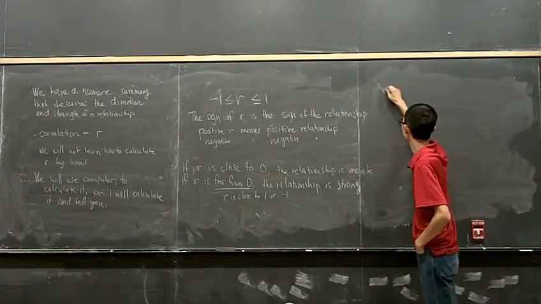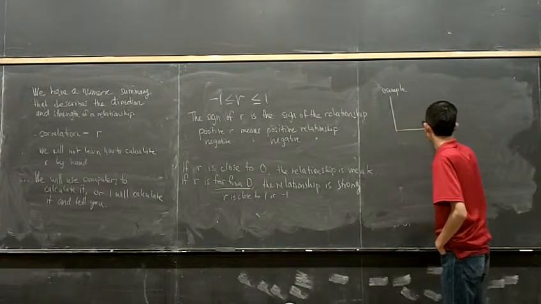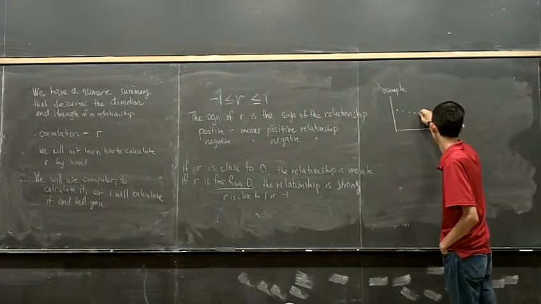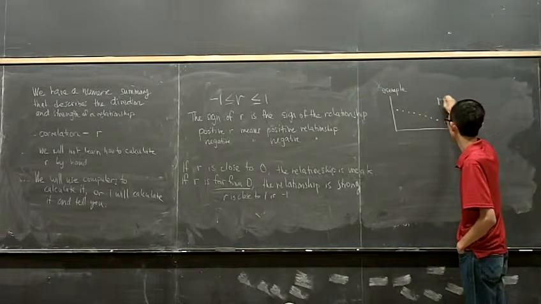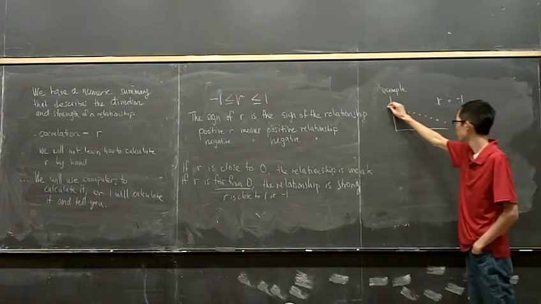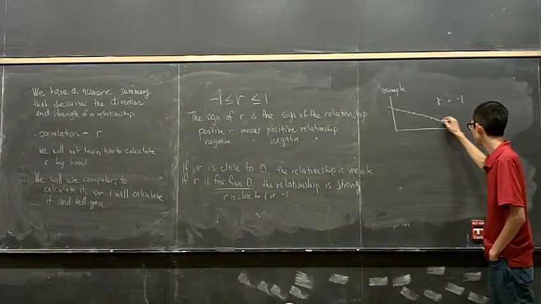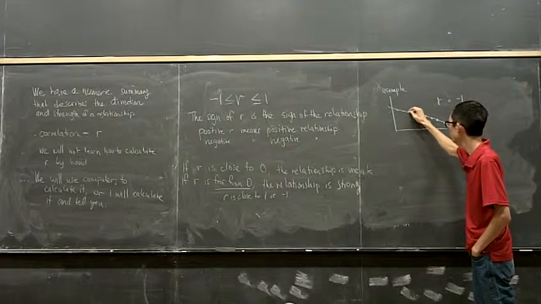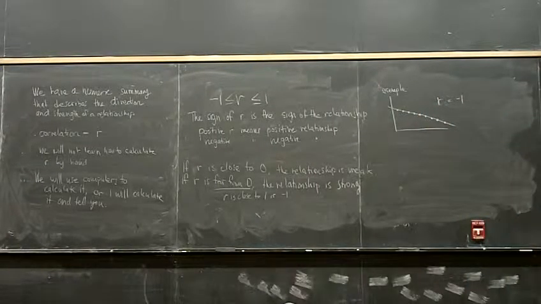So for example, a relationship that looks like this would have R equal to -1, okay? Because here, the dots are exactly on the line, meaning if I know one variable, how good are my predictions about the other variable?